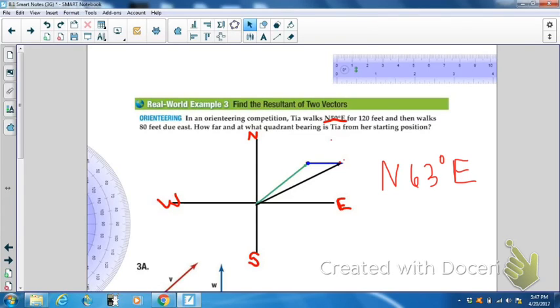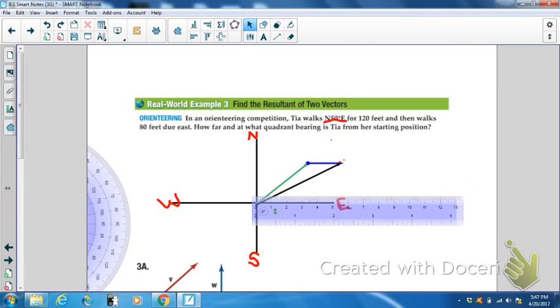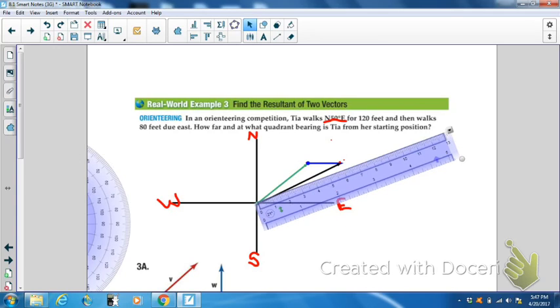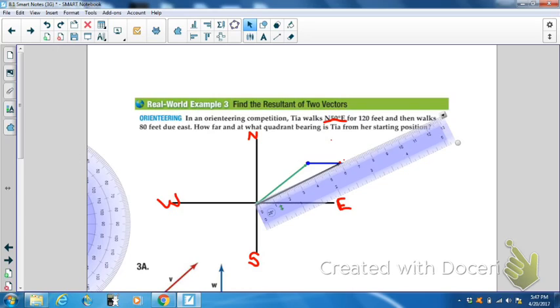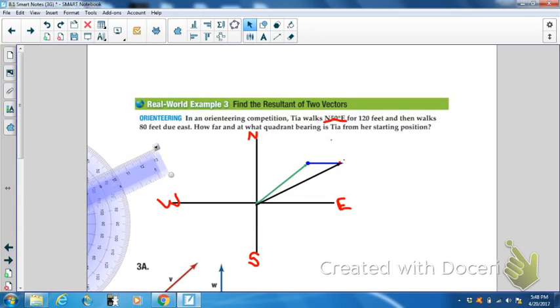And then how far is she? I need to measure my vector. And I look to be about 6 centimeters.